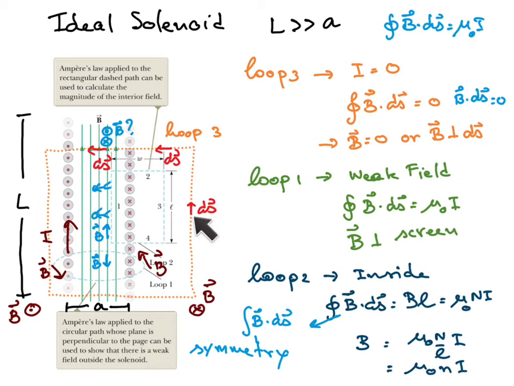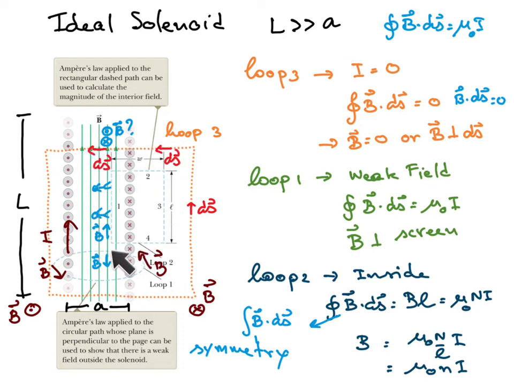When we look at loop number 3, you can see that we have current that points both out of and into the plane. So there is no net current, and when there is no net current, we cannot specify the position of our thumb to use the right hand rule. So ds can point in any direction, maybe this direction or the opposite direction.